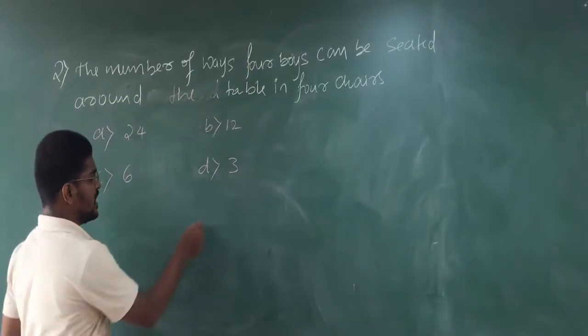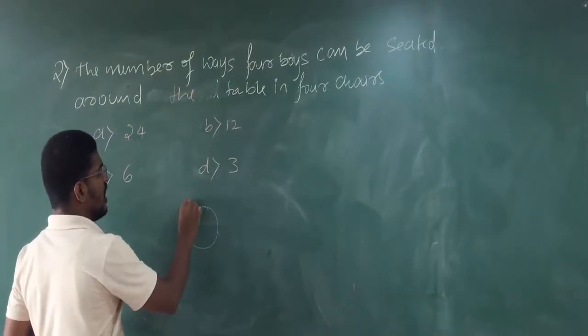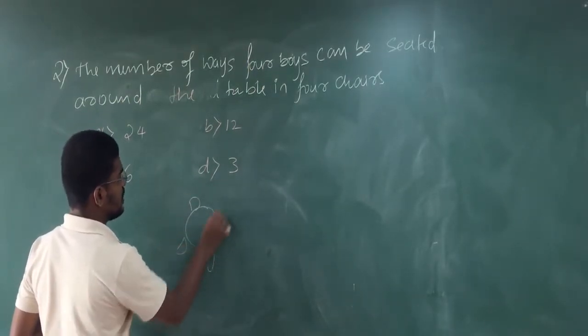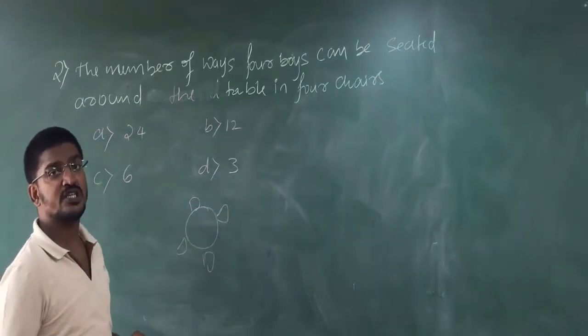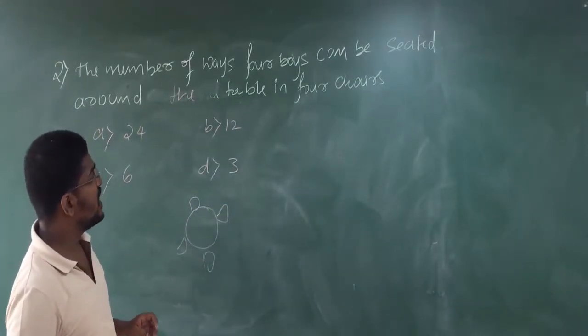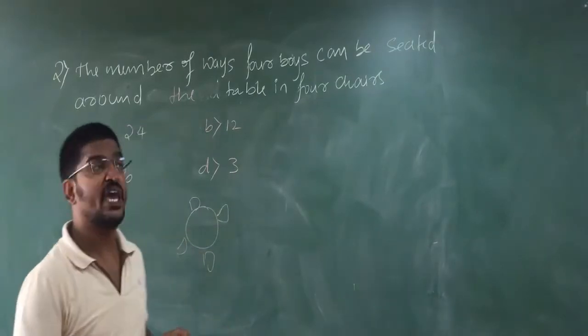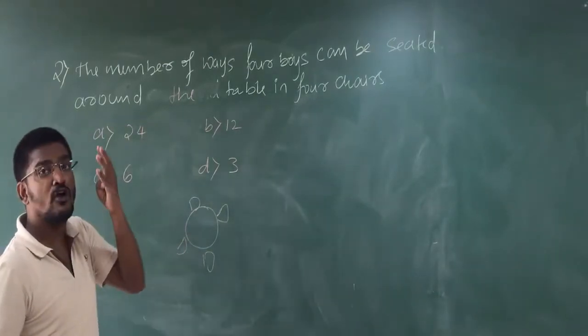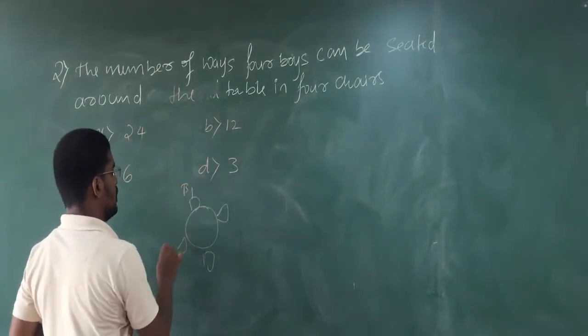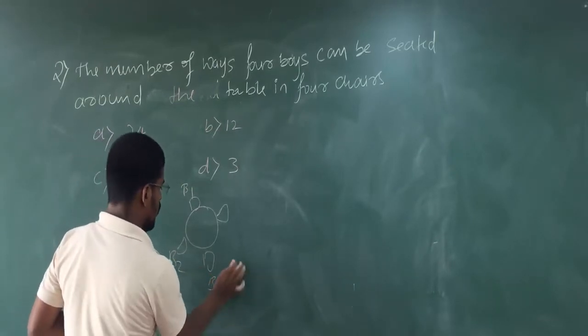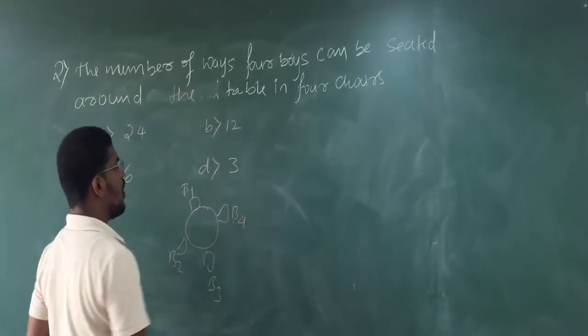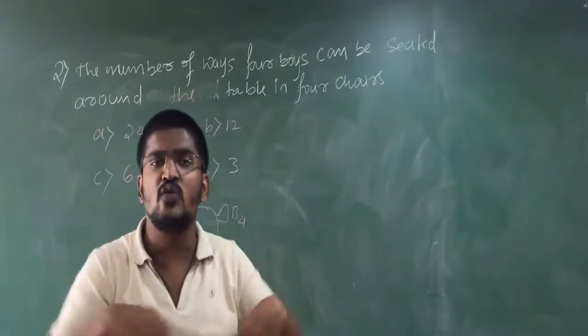That means there is a table, there are 4 chairs, and they are asking what is the number of ways of making 4 boys sit on these 4 chairs round the table.